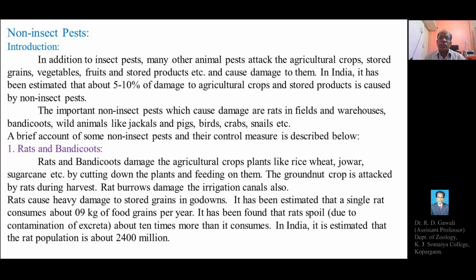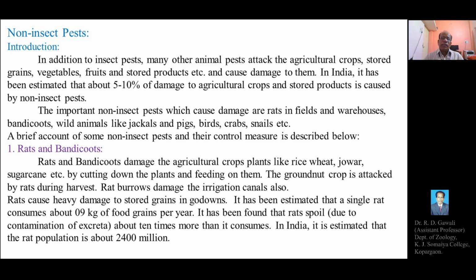It has been estimated that a single rat consumes about 9 kg of food grains per year. It has been found that rats spoil about 10 times more than they consume due to the contamination of the food grains by their excreta.